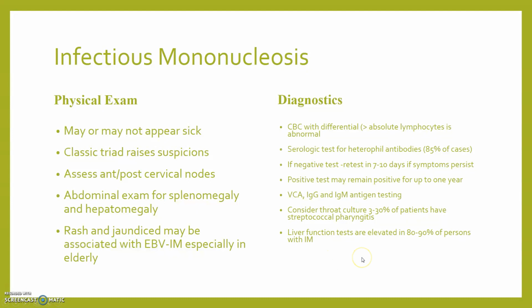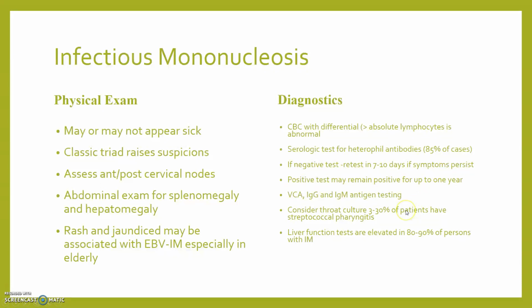Diagnostically, with a CBC with the differential, we'll see absolute lymphocytosis, and that's indicative of IM. Serologically, we test for heterophil antibodies, and they're positive in about 85% of these cases. If the test is negative but there is clinical suspicion, go ahead and retest in 7 to 10 days if symptoms persist.